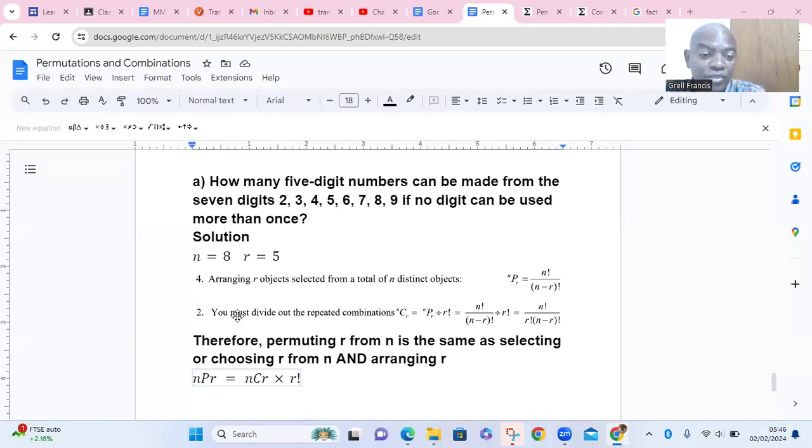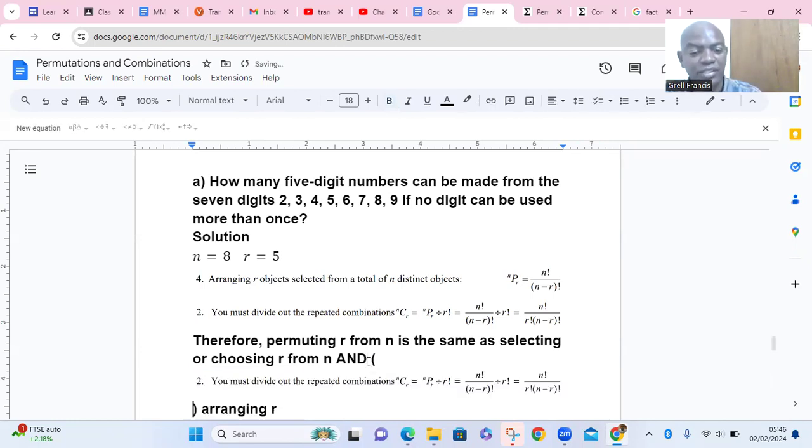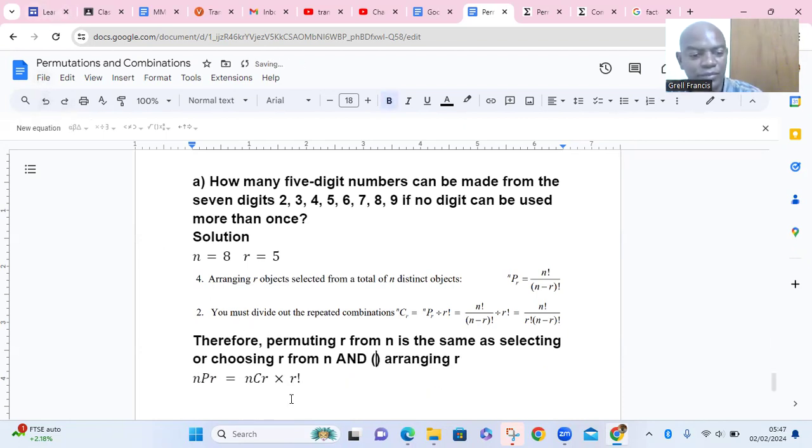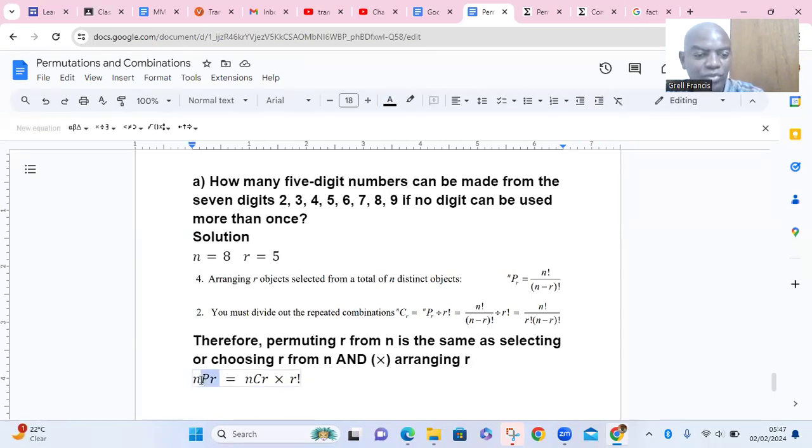So I just want to point out that permuting R from N is the same as selecting or choosing R from N and arranging R. And "and" in mathematics implies the multiplication sign, so we have to take that into consideration. So basically, our N is 8, our R is 5, so we are going to do 8P5.